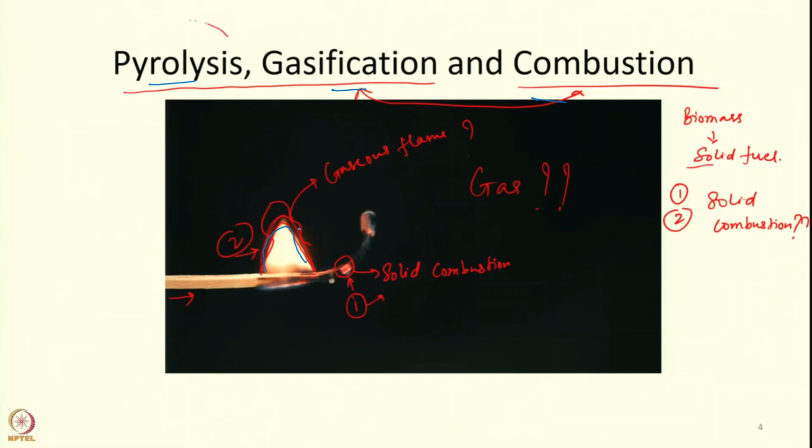Do you know what is happening? This is also combustion. All of it is combustion. Combustion is the combination of gasification and pyrolysis. This is the liquid combustion and this is the solid combustion. Sorry, this is the gas combustion.